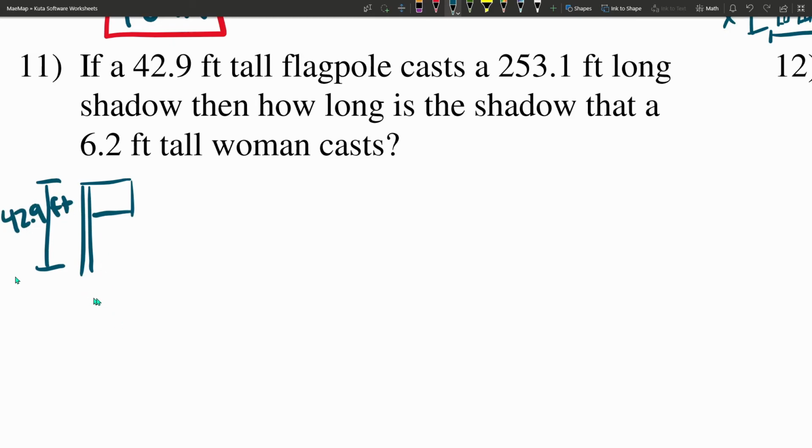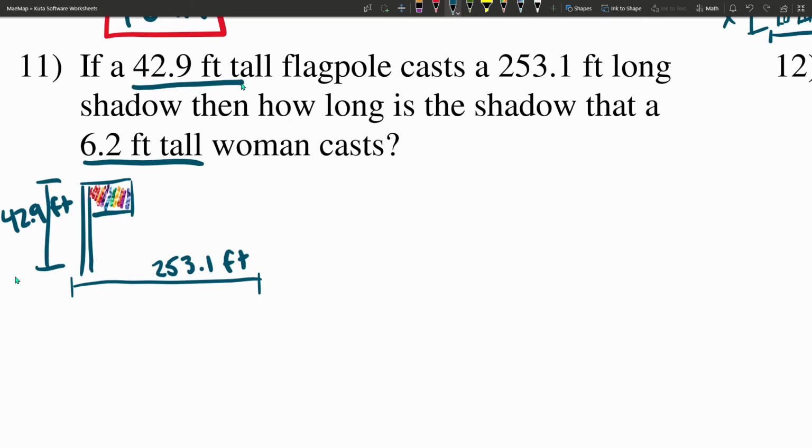And it casts a 253.1 foot long shadow. So 253.1. And let's go ahead and make this flag pretty colorful. So we're going to try to figure out how long is the shadow that a 6.2 foot tall woman casts.